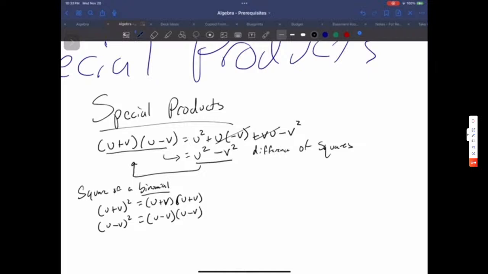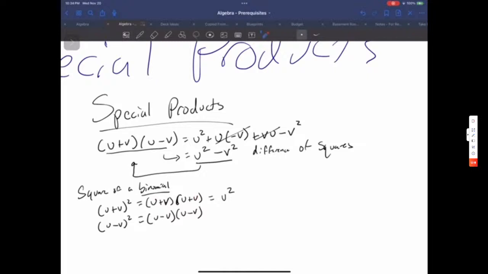Those do not result in beautiful, elegant things like the difference of squares. It's actually going to be u squared. Remember, u times u, plus u times v, plus v times u, plus v times v.